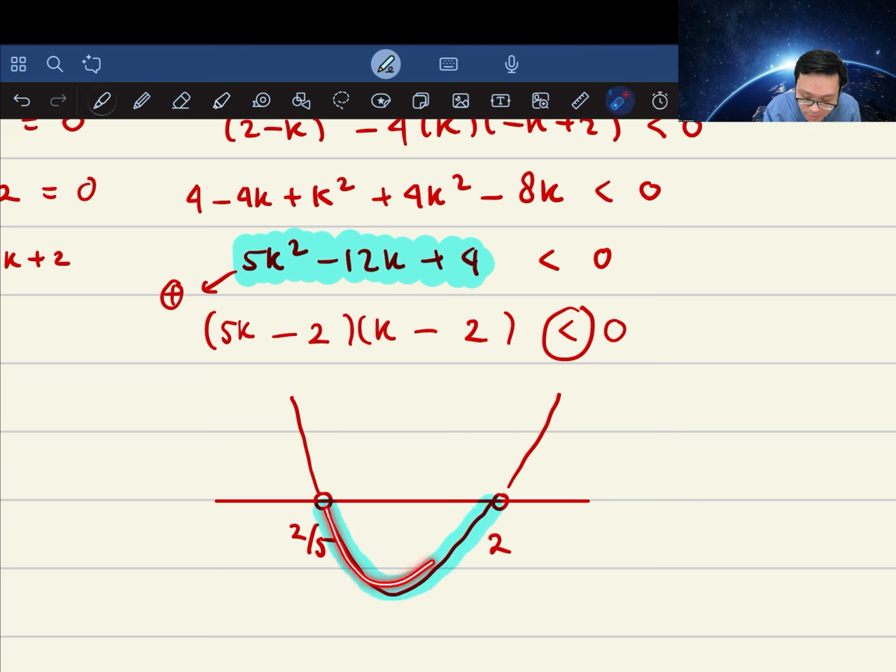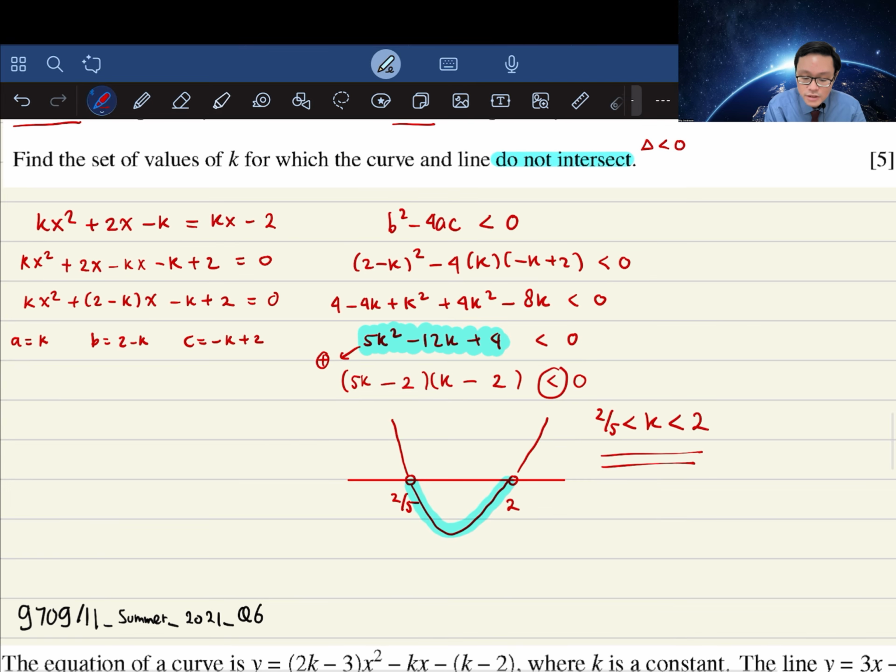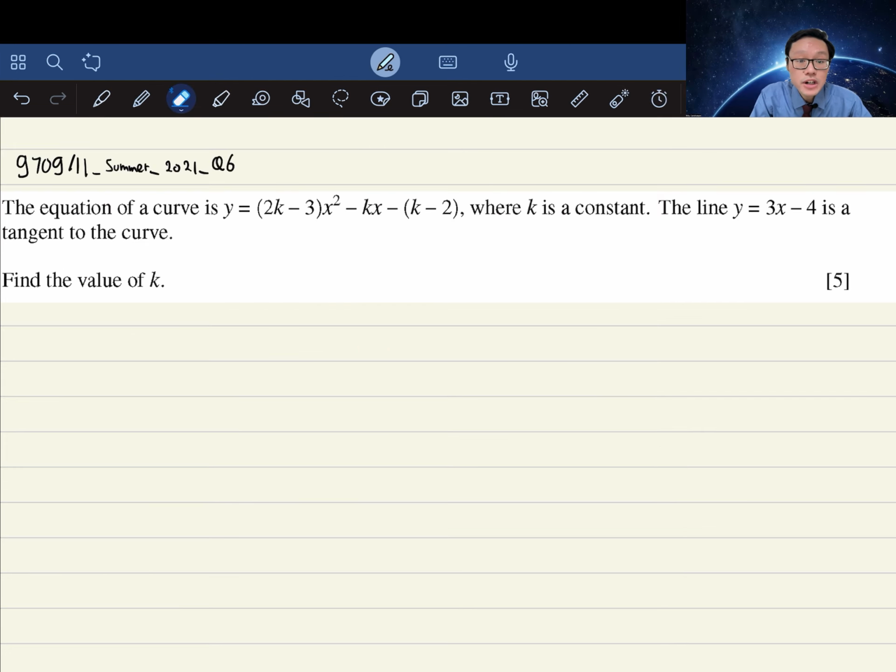As you can see, this part of the curve is in between 2 over 5 and 2. So the solution will be in between 2 over 5 and 2. So this should be k. So this is the set of values of k such that the curve and the line do not intersect. Okay, guys, let's go to the next question.